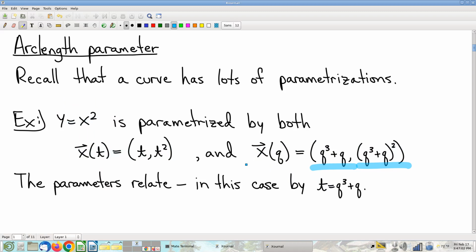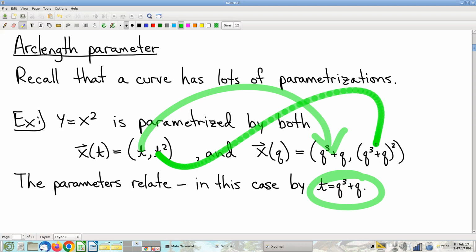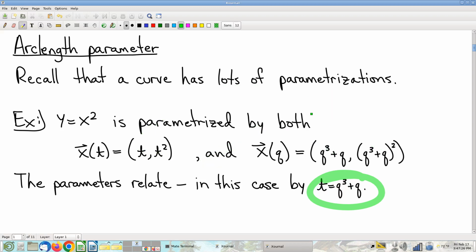In this case, we can actually relate these two parameterizations. Notice that if I just let t equal to q cubed plus q, and plug that into the left parameterization, that immediately gives me the right parameterization. So, nice little moral here.